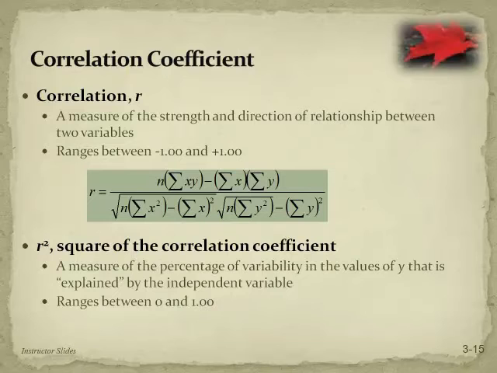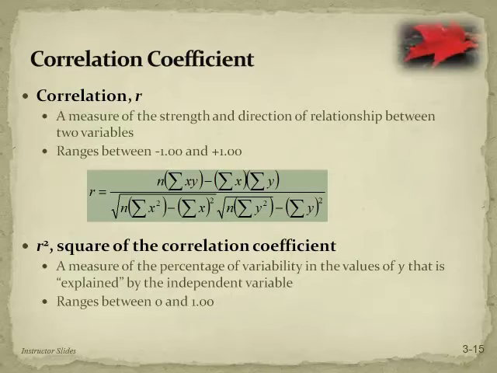So if I have a calculated correlation factor of +1, what that means is that these two variables are not only directly related, but they are in lockstep with each other.